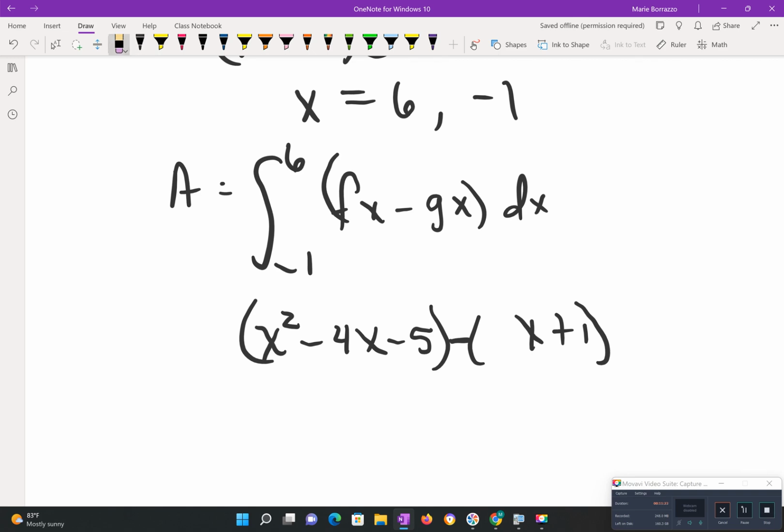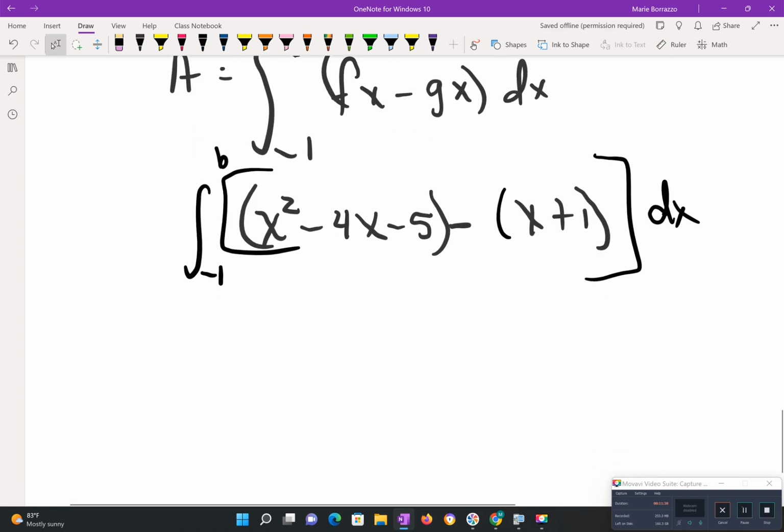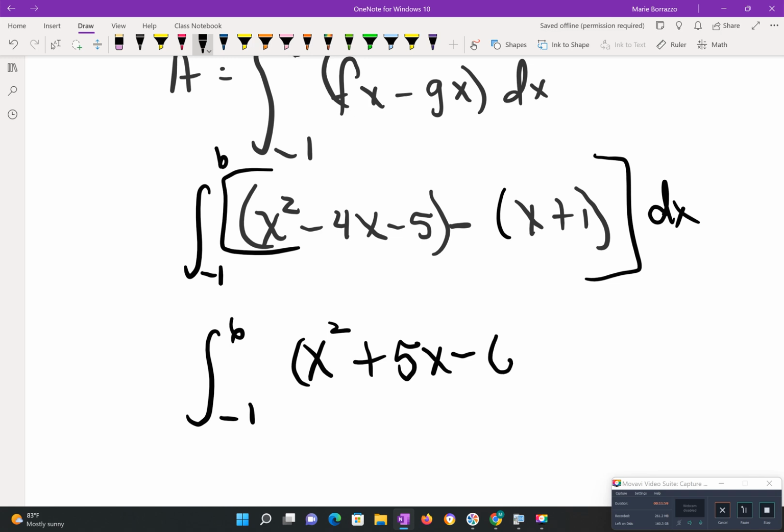If we're looking at the area between 6 and negative 1, that is the essence of my question right there. Remember, this becomes negative x minus 1. So I'll end up with x squared minus 5x minus 6 again.